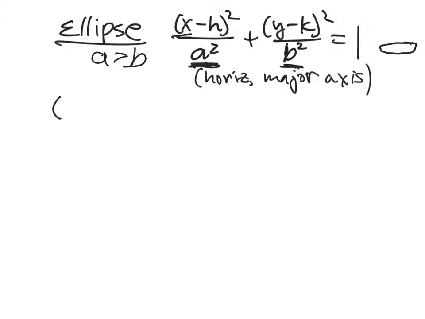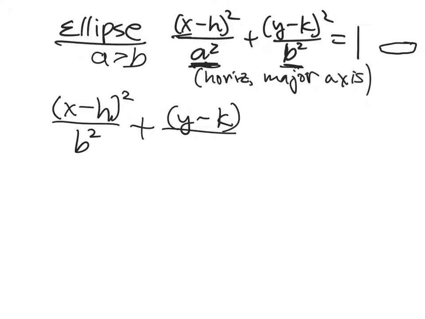If we have this, now it's hard to show with just the letters, but if the denominator of the y part is larger, then we'll have the vertical major axis. What if it equals 0?